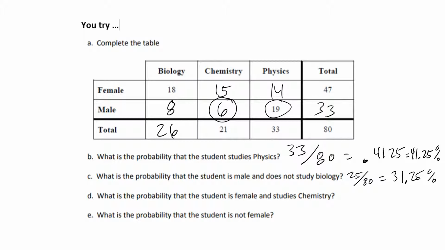Part D, what is the probability that the student is a female and studies chemistry? So we're looking at female, studies chemistry. It's 15 out of the 80 students. 18.75%.